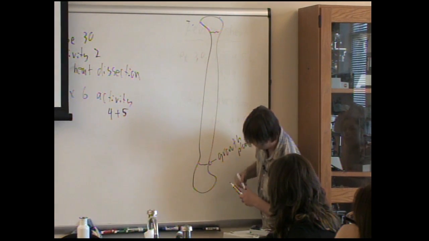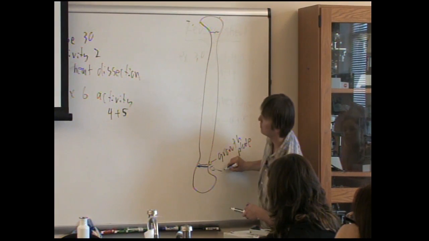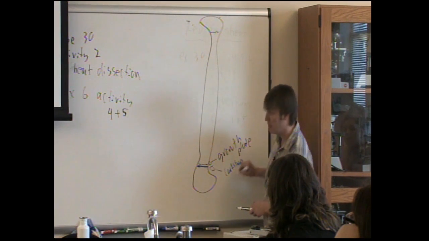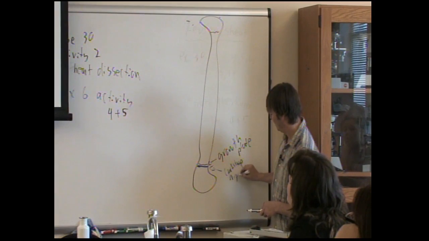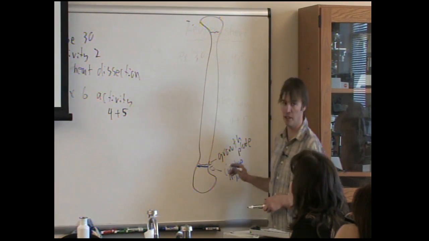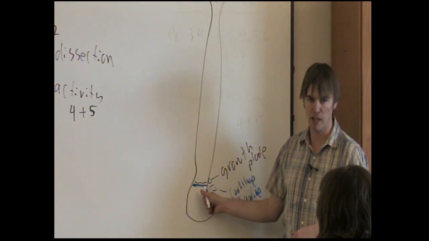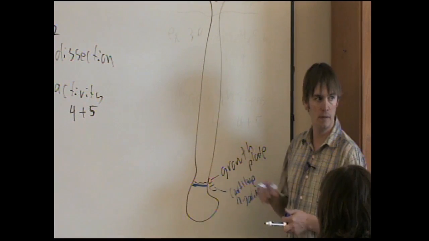And then right next to it, you've got your cartilage. What kind of cartilage is it? Right? So it's different than the articular cartilage that's at the end here. It's that special kind of cartilage that's right in the middle of the bone.